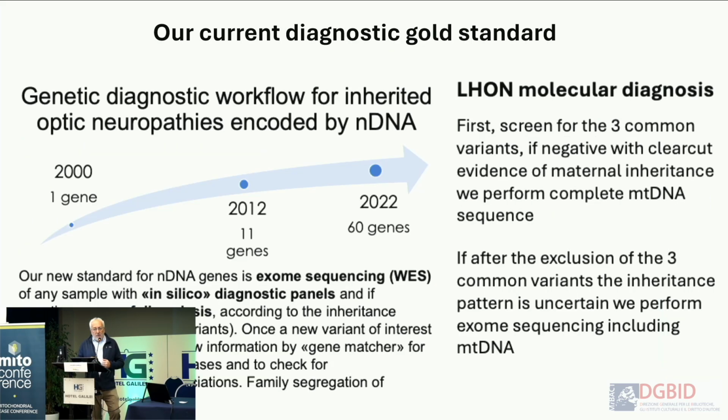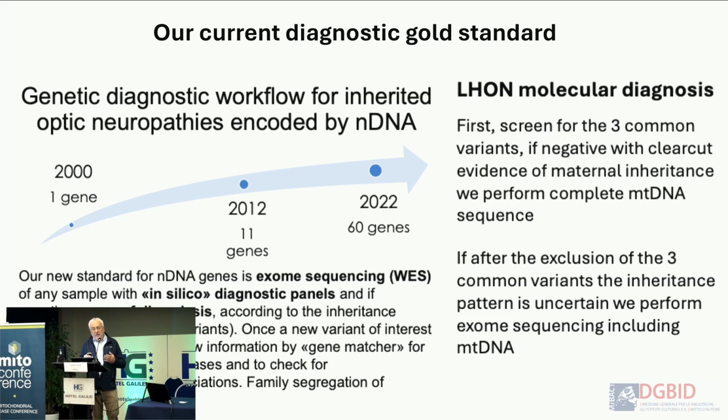So what we do in practical terms in our center, if it's an optic atrophy which is not with the hallmark of Leber's, we just do the exome sequencing. And we eventually filter all the known genes out of the exome sequencing data.